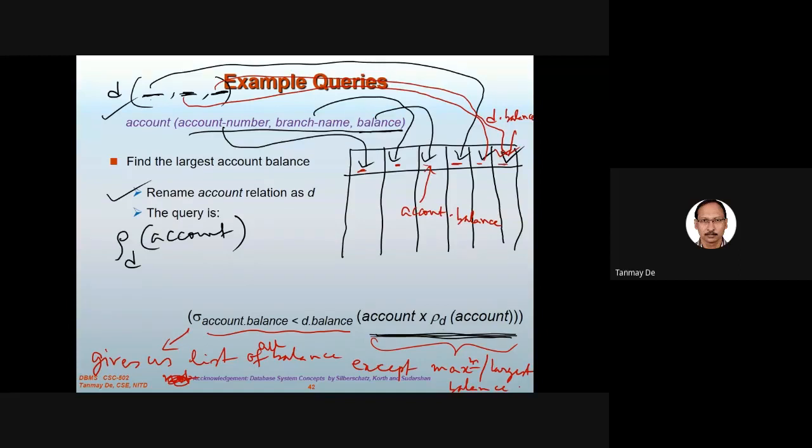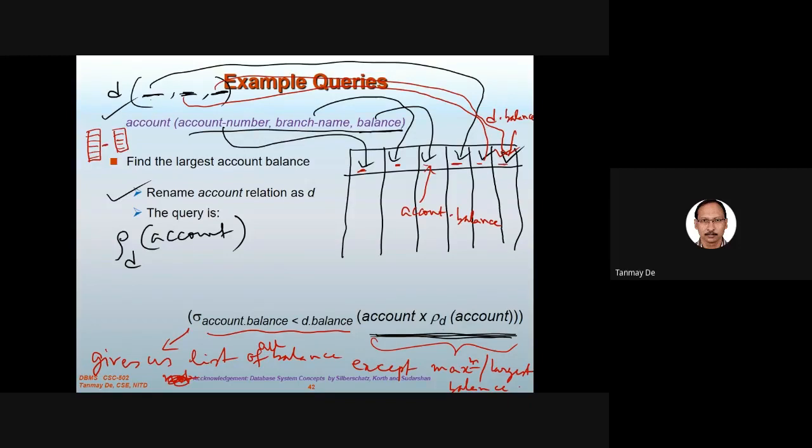So here again we want to use the set difference. We want one list consisting of all the balances, and another list consisting of all the balances except the maximum one. If we perform the set difference, then what do we get? The largest balance.